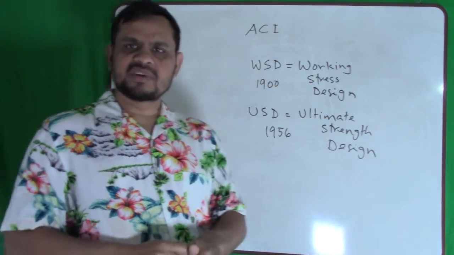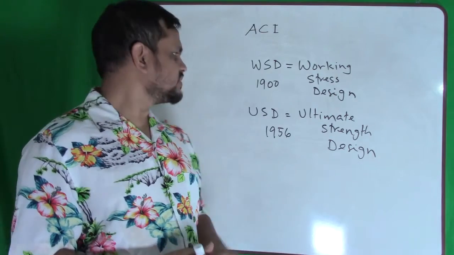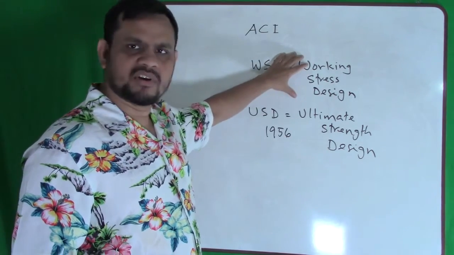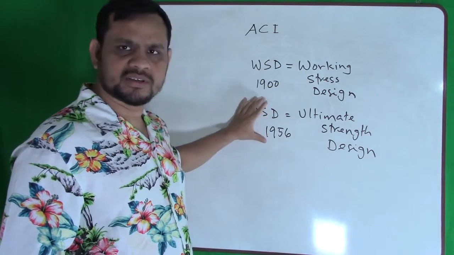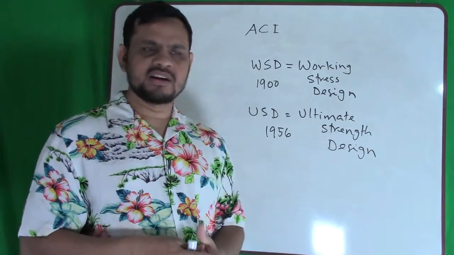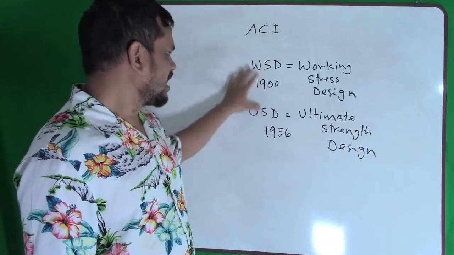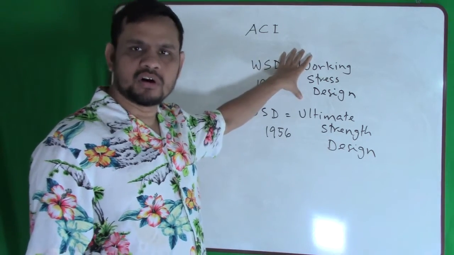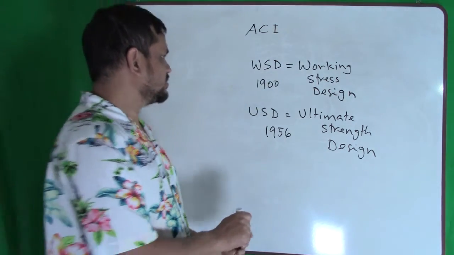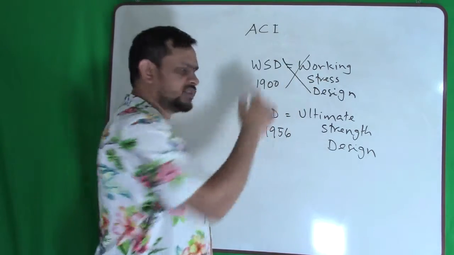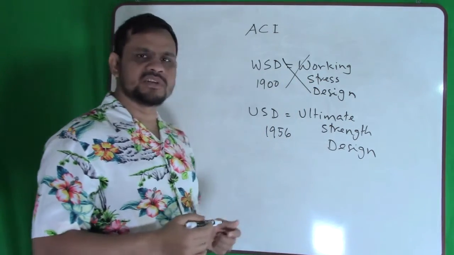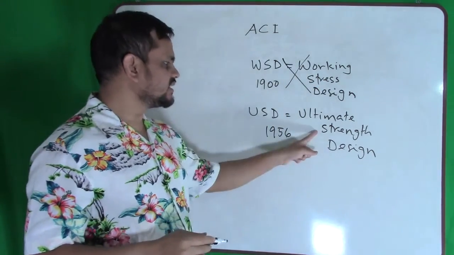So after the 60s people started to forget WSD and adopt USD. Even at current days, now it is 2020, I do not think anybody in this world uses this method. So we will learn USD, ultimate strength design.